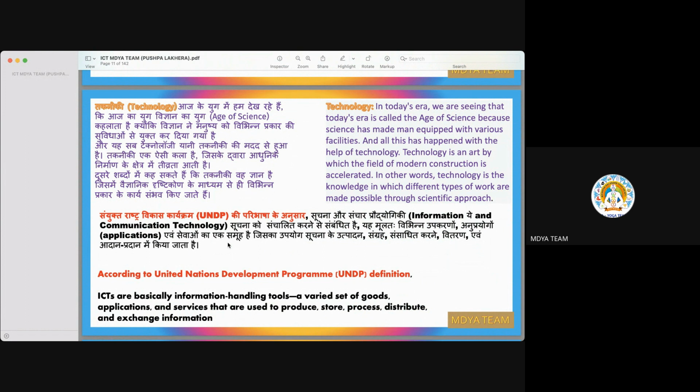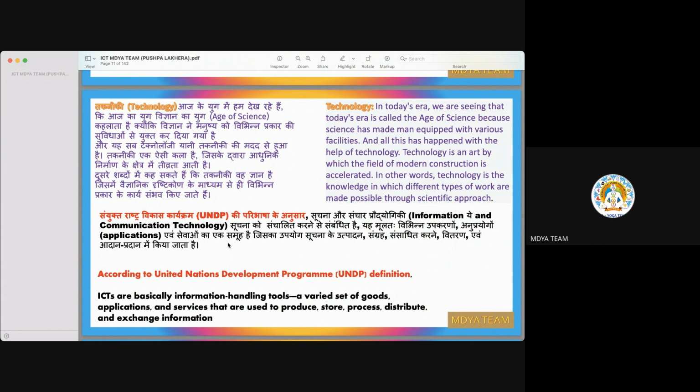All this has happened with the help of technology. Technology is an art by which the field of modern construction is accelerated. In other words, technology is the knowledge in which different types of work are made possible through a scientific approach.